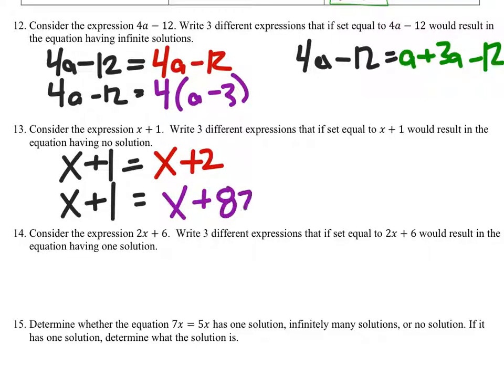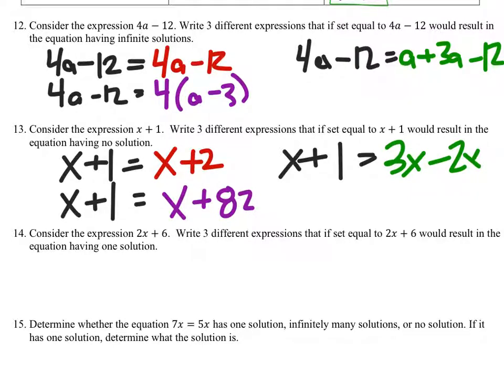That would work, and we can continue this. This one isn't too bad. Maybe 3x minus 2x. That would work, as long as you don't add 1 to that, you're good. But you could add anything else.